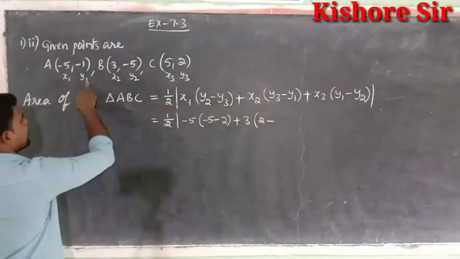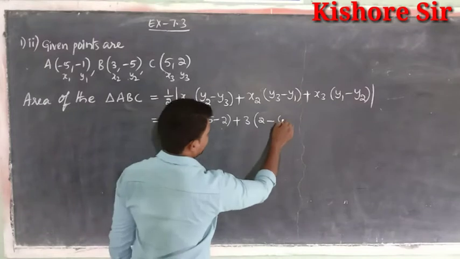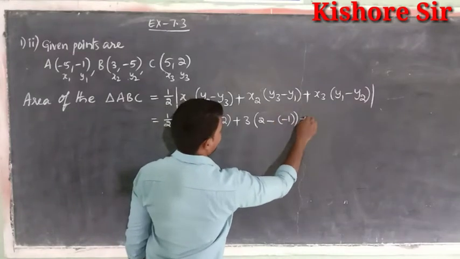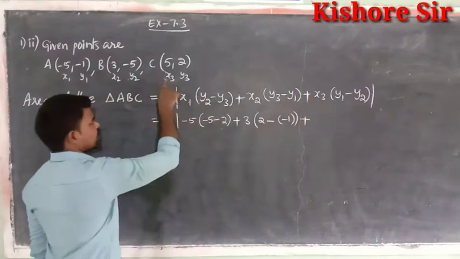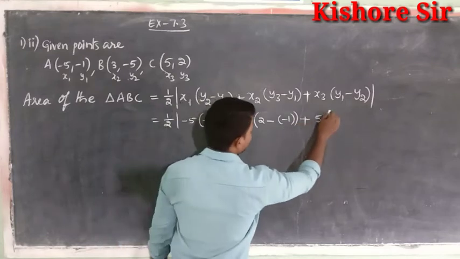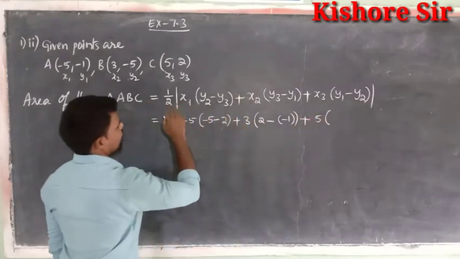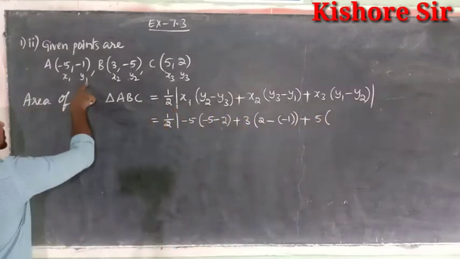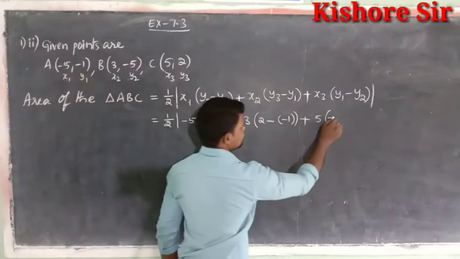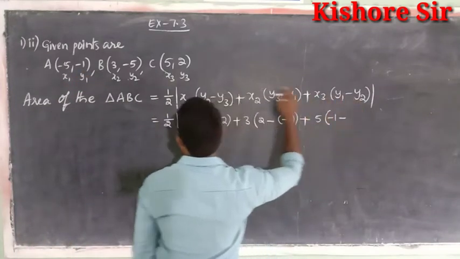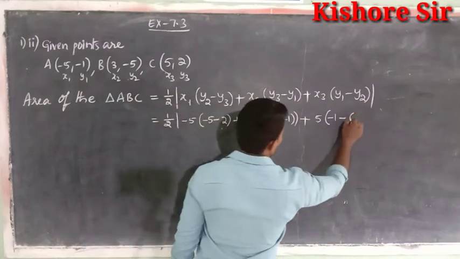The value of y1 is minus 1. Use brackets here, plus x3. The value of x3 is 5, into y1 minus y2. The value of y1 is minus 1, minus y2. The value of y2 is minus 5.